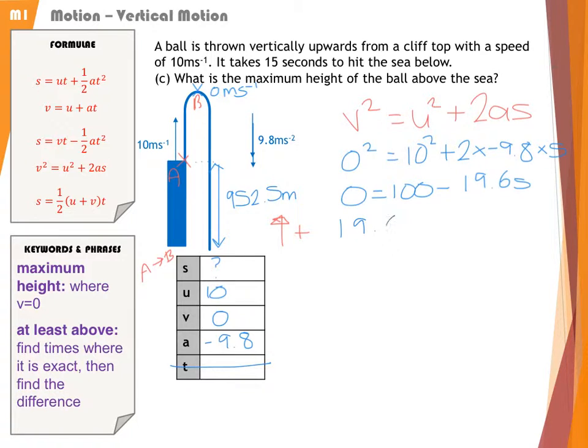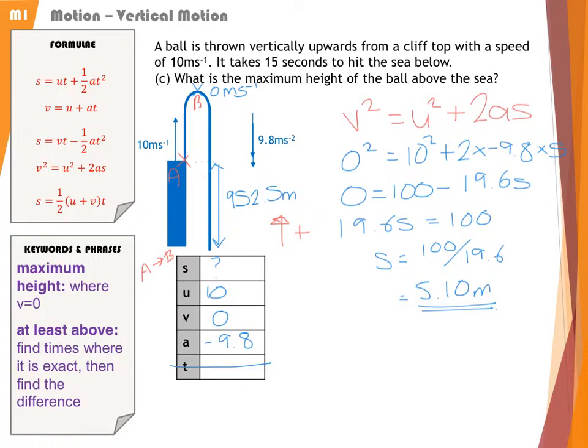So now I've got 19.6 S is 100. And then to find just the 1S, I'm going to divide by 19.6. That comes out as 5.10 metres.